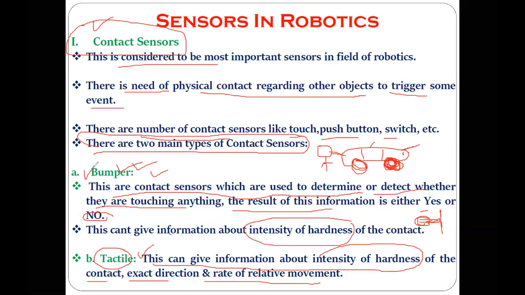So tell me, what is the difference between the bumper sensor and the tactile sensor? What is the difference?